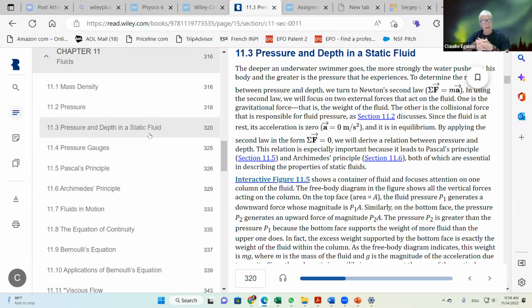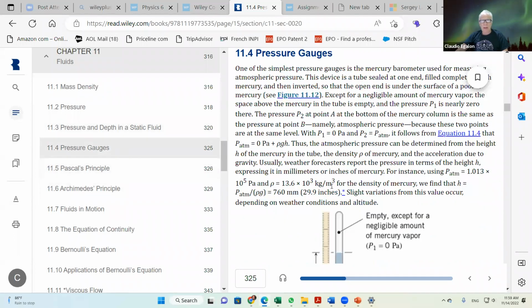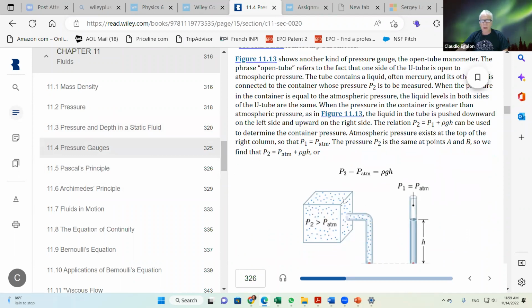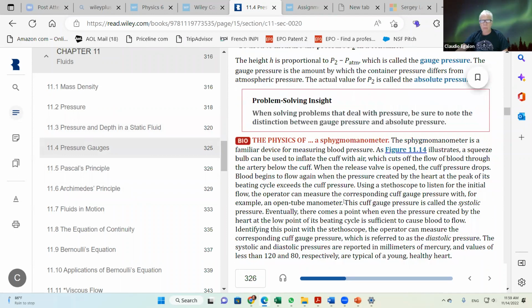We're going to stay in static fluids and cover section 11.6. A little bit of pressure gauges too, but there's not much to tell you. Pressure gauges are just how we measure pressure.